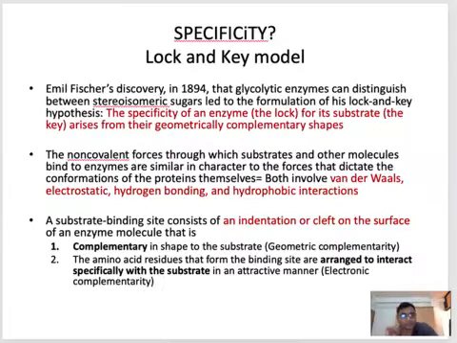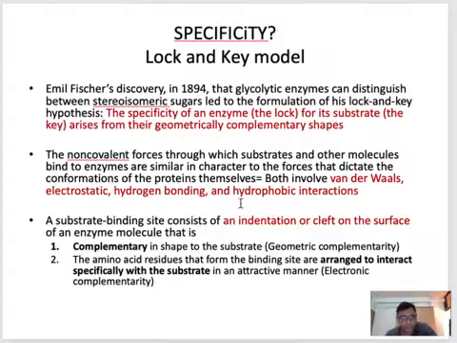Usually the non-covalent forces through which substrates and other molecules bind to enzymes are similar in character to the forces that dictate the conformation of the proteins themselves. The non-covalent forces involved are van der Waals, electrostatic, hydrogen bonding, and hydrophobic interactions. So these non-covalent forces are involved in substrate-enzyme binding.